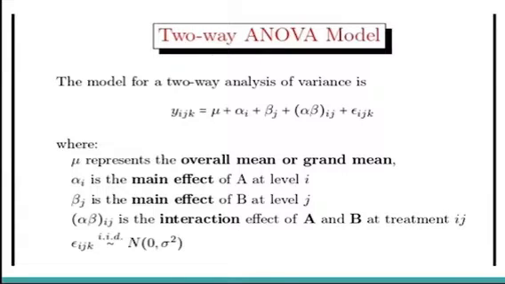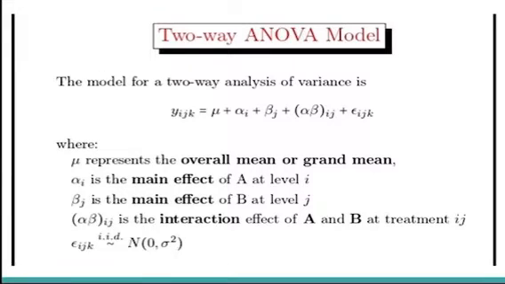How many levels of alpha do we have? 3 levels, right? In the setup, we're basically going to consider 2. How many levels of beta do we have? 4, right? We're going to consider 3.